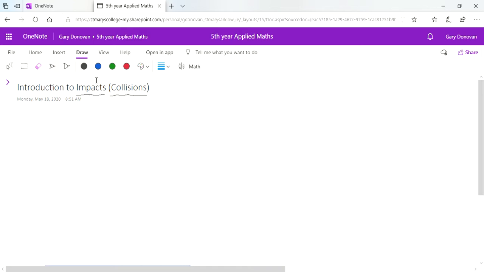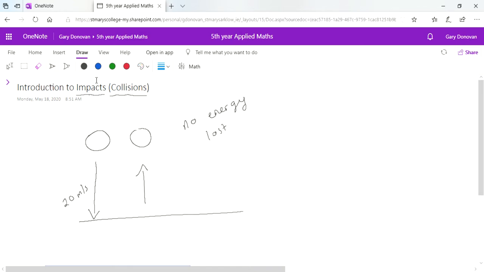In today's lesson, let's say you have a sphere that is falling towards the ground. Just before it hits the ground, it has a speed of 20 meters per second. It hits the ground and then starts to move back up. In all the questions we've done so far, we assume that no energy is lost. We assume that when it bounces, it comes back up to the same height that it fell from.